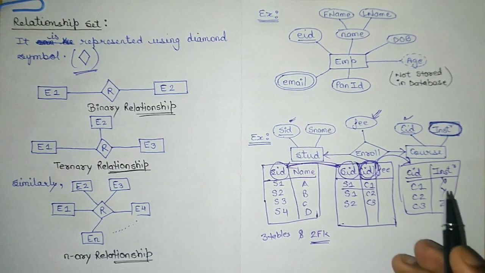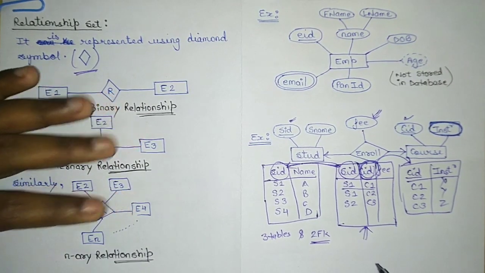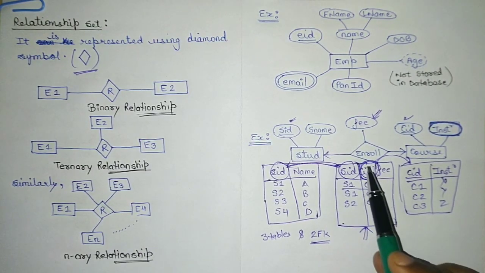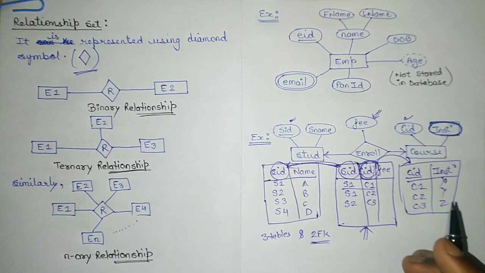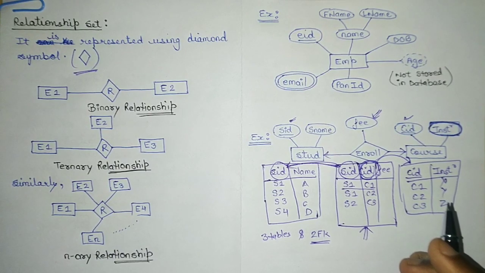Yes, we can say that, but the number of keys of this particular enroll table always depends on the relationship, right? Always depends on the cardinality, whether it is one-to-one, many-to-one, or whether there is total participation or partial participation. So in the next video we'll be understanding the participation, that means whether it is total participation or partial participation, along with the mapping, that is one to one, many to one, and many to many. So in the next video we'll be understanding these things.